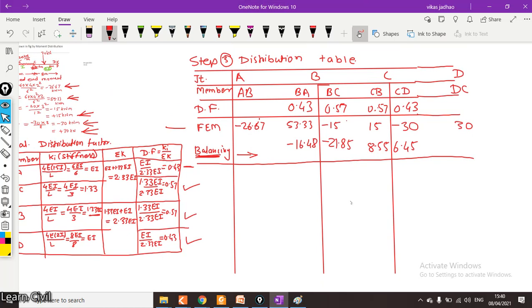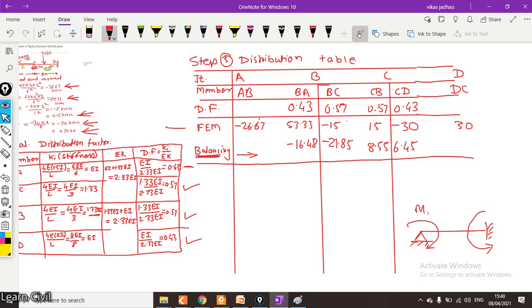Now there is one principle, that whenever you are applying some moment at one of the ends, some moment is developed at the other end.